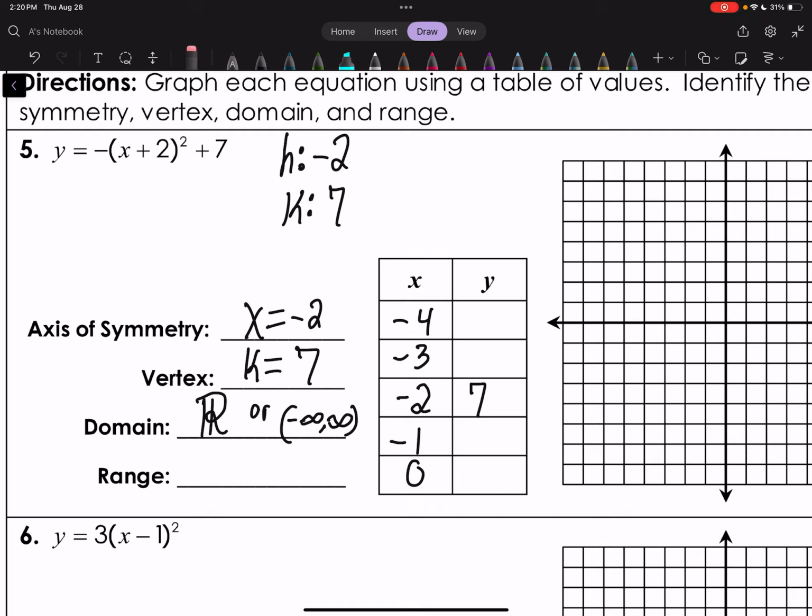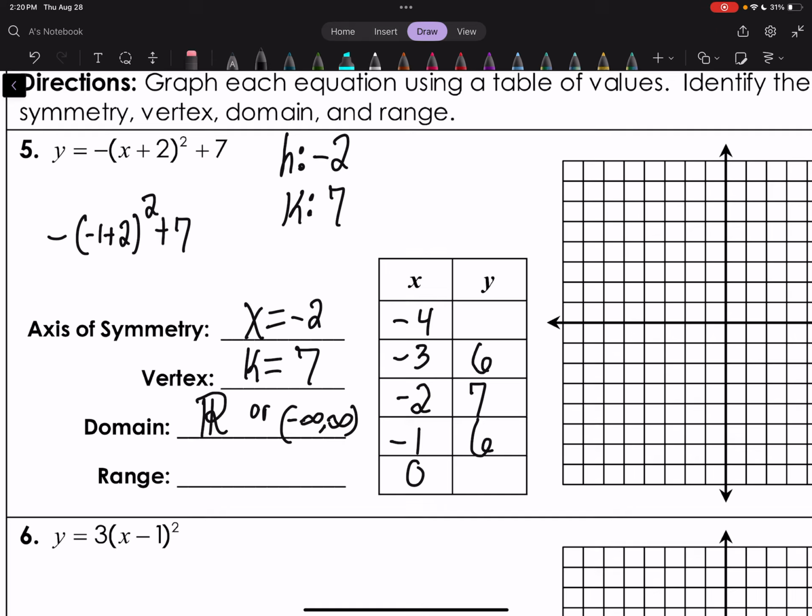So if I plug in negative 1 to this equation, I have negative (negative 1 plus 2), please do not write this, squared plus 7. You can use Desmos if you want to do it, but this is 1 squared, which is 1, negative on the outside, that's negative 1 plus 7, which is 6.